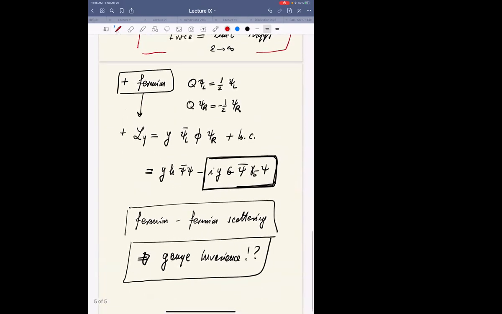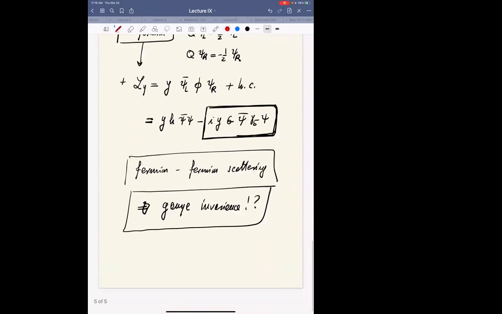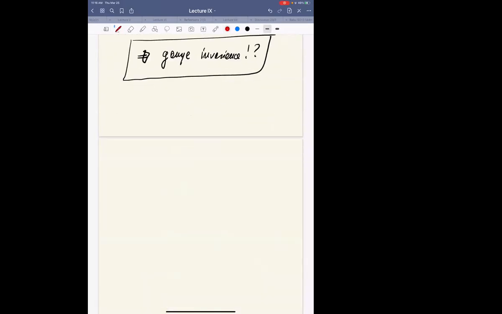So I have an interaction of the G with the fermion. What I need is the interaction of A mu with the fermion. I must check the gauge interaction.